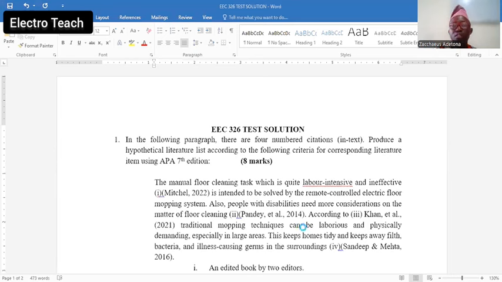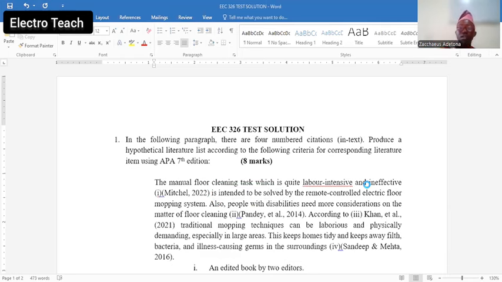Check your screen now, you will see this solution being displayed. The question is provided here, and the first question says, in the following paragraph, there are 4 numbered citations in text. Produce a hypothetical literature list according to the following criteria for the corresponding literature item using 7th edition.